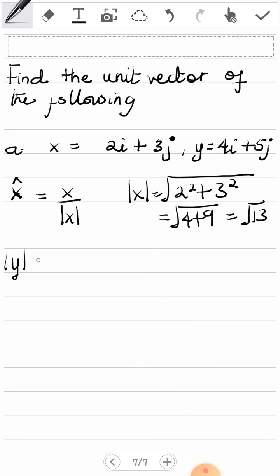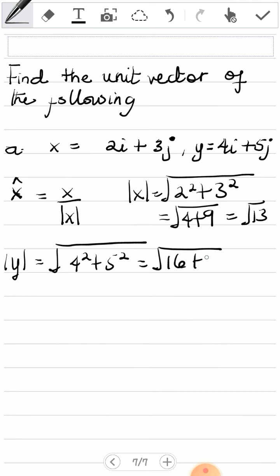So for y, magnitude of y, we're going to get 4 squared plus 5 squared, 16 plus 25, root of 41. So all these are in units, you can ignore or write them.